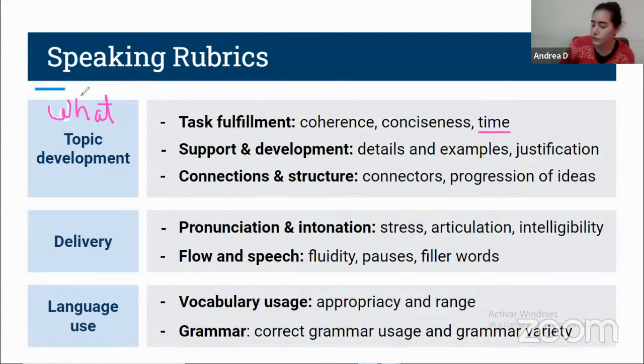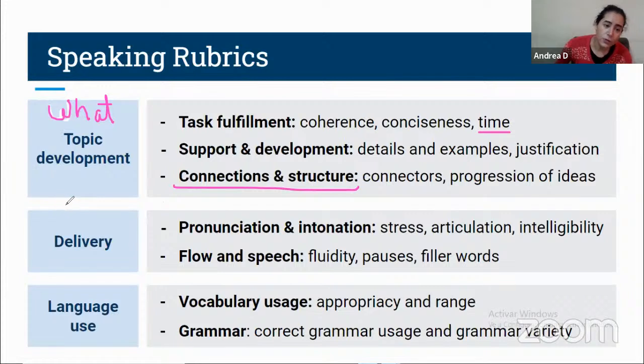Also the way that you're structuring your response. This has to do with the use of connectors and transitions to help you flow a little bit more, to help you connect your ideas. This is what Shamir was saying, right? The use of transitions, connectors, and all that.